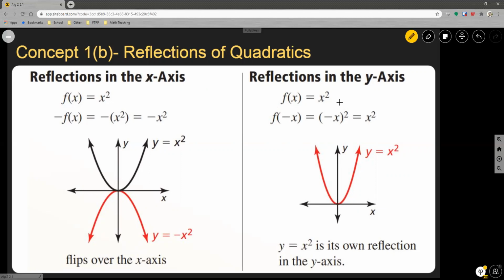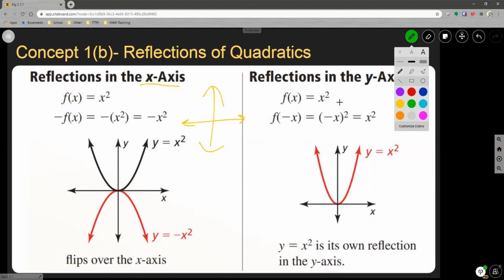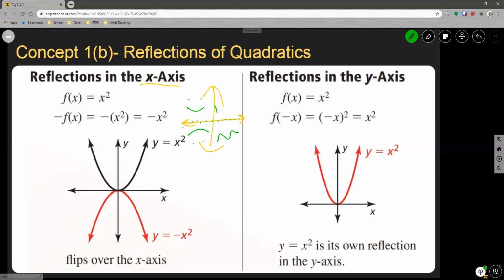Again, if I have a reflection over the x-axis, remember, reflection in the x-axis or over the x-axis, that means I'm treating my x-axis like a mirror, which means everything that was above, say it's a happy face, gets reflected below. And same with anything below would get reflected above. I can't do this very well. Something like that.